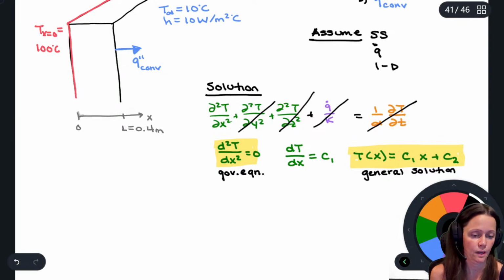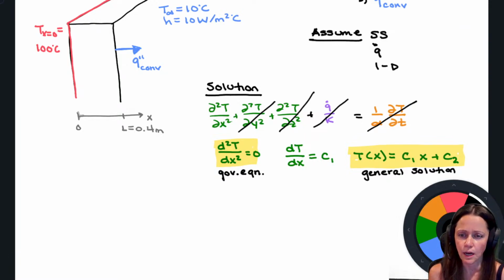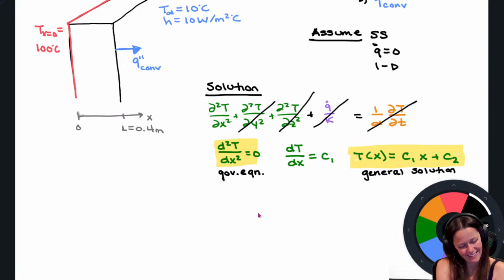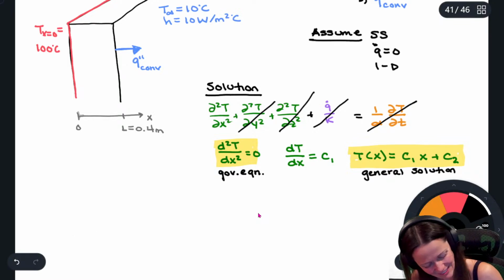What is the assumption with Q dot? My assumption with Q dot is that it's equal to 0. So now I just need to look at those boundary conditions. The first one is at x equals 0.